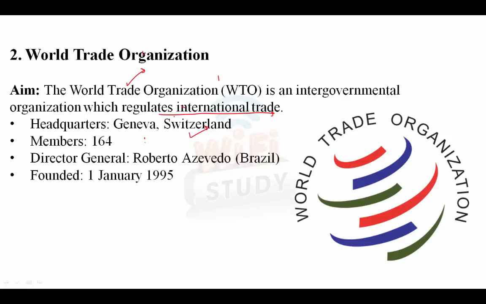There are 164 members, and the Director General is Roberto Azevedo, who is from Brazil, and it was founded on 1st January 1995. So friends, firstly you need to remember the headquarters, and second the Director General. These are the 2 things you need to remember from the World Trade Organization.